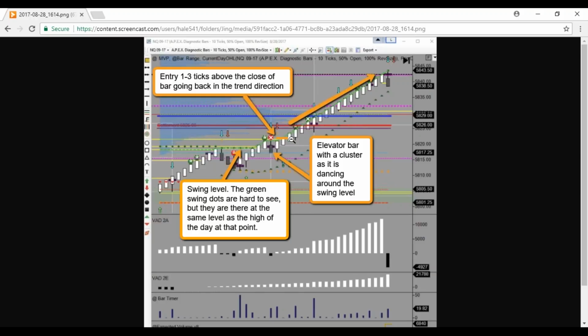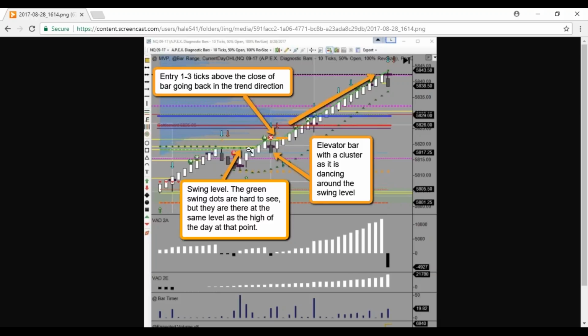You see that? So that's an elevator there. All right. So when we see this pullback to the swing level, and we see the cluster, and then the elevator closes up, all right, we enter 1 to 3 ticks above that and take it up.